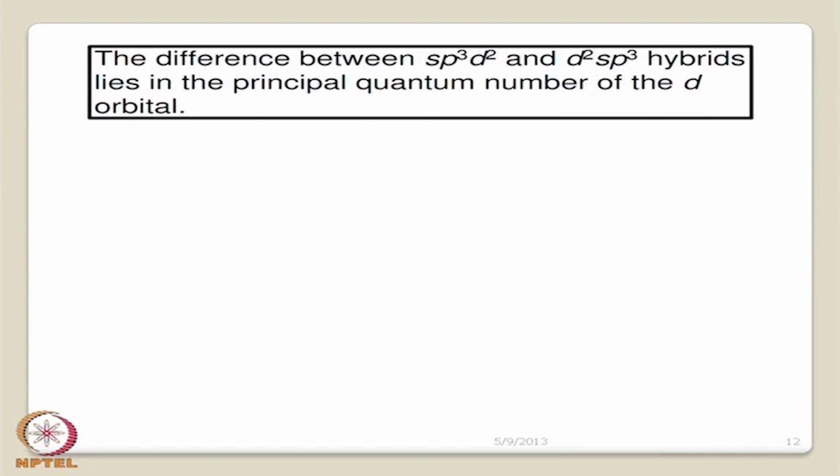So, the difference between the sp3d2 and d2sp3 hybrids lies in the principal quantum number of the d level.